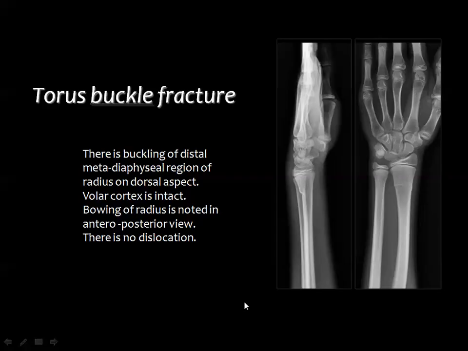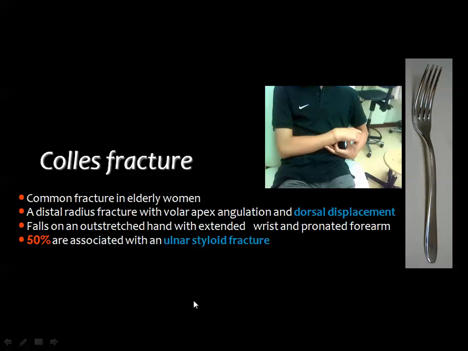And this is a good example of a torus or buckle fracture of the distal part of the radius, where you can see the hairline fracture with buckling of the medial cortex of the radius. Then we came to one of the famous fractures in the wrist, which is the Colles fracture.